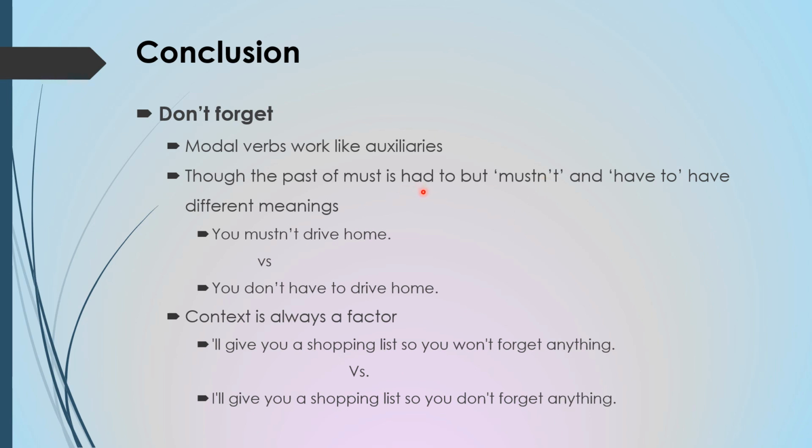So look at it here. The past of must is had to, but must not and have to have different meanings. So if you want to have the expression with must, and you want to convert it into the past, then you have to use had to. But you know that must and have to have different meanings. Like, you must not drive home, that means you are not allowed to drive home.